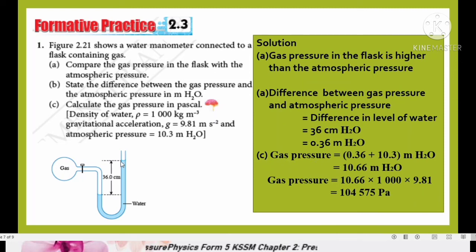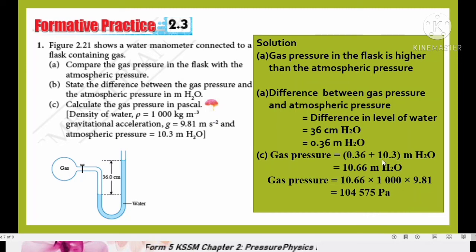So we need to total up. We add 0.36 plus 10.3. This one is given: 10.3 meter of water is atmospheric pressure. So it equals 10.66 meter of water. The required unit is Pascal, so we use the formula H rho G. What is H here? 10.66 meter, already in meter.